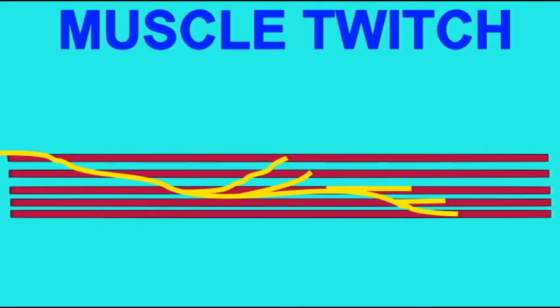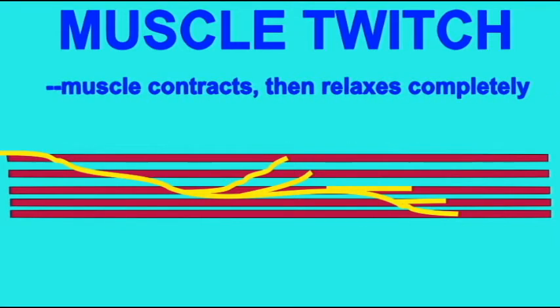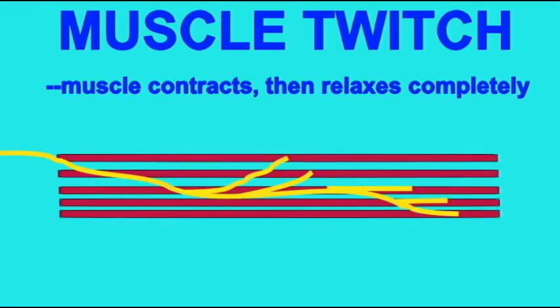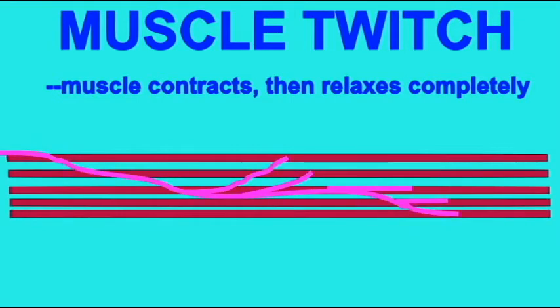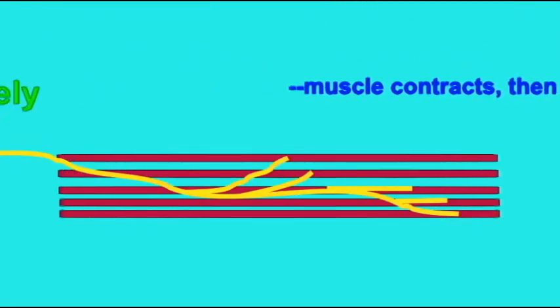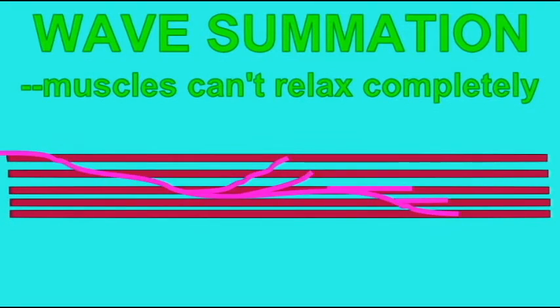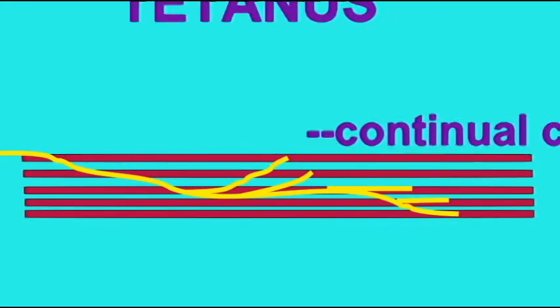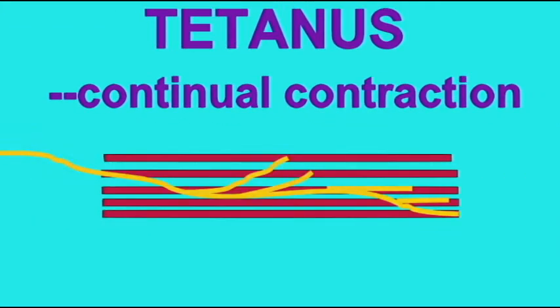In what is known as a muscle twitch, a nerve cell tells muscle cells to contract, they contract, and then they relax fully. However, the messages from a nerve cell can come in faster than what a twitch would allow. In other words, before a muscle cell is done relaxing, a second message to contract could come in on the nerve cell.